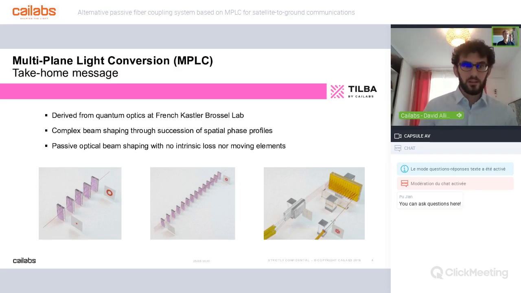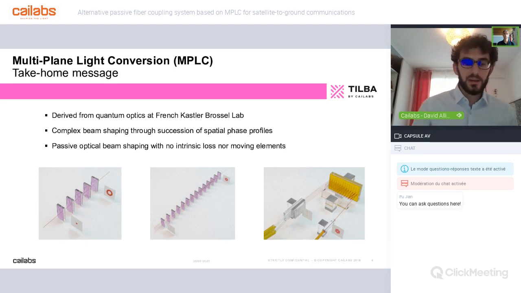It's a technology that is derived from quantum. The idea at the origin was to manipulate the quantum state of light, a spatial state of light, and it's a technology that is fully passive and based on a succession of faceplates and free space propagation.